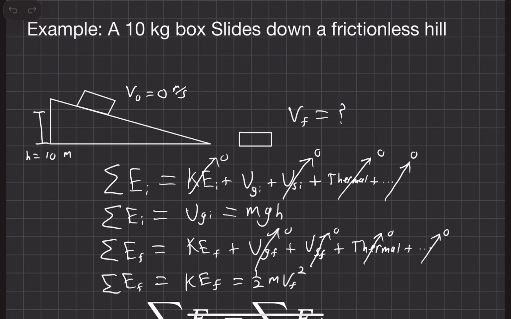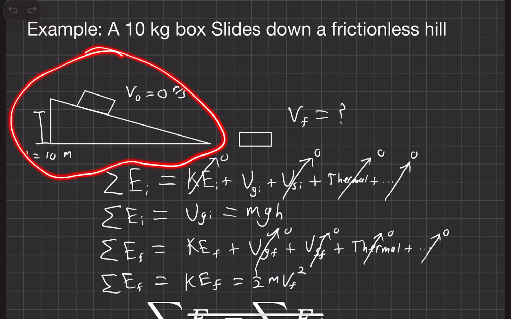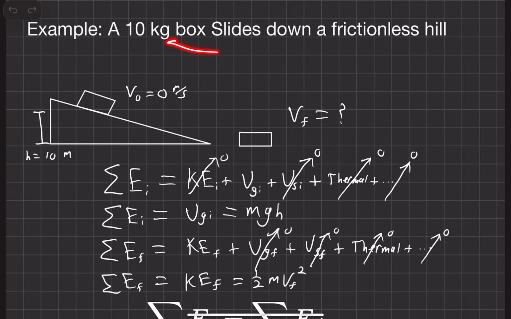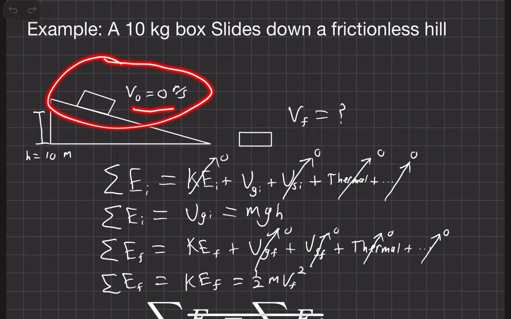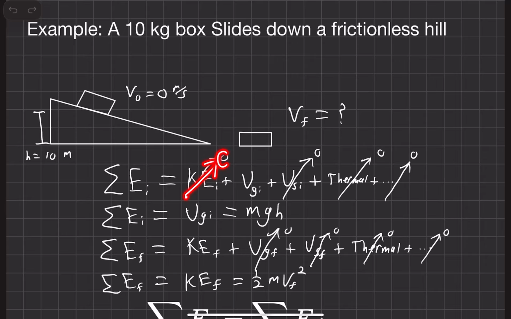The only source of energy that I can see from this situation starting out, assuming, which the problem didn't state, that the box starts at rest, meaning a 0 initial velocity, is that the initial kinetic energy is 0. There are no springs involved, so that's 0. There's no other source of energy that I can tell. It's not self-propelling with some kind of internal combustion engine. Thermal energy, nope. Everything else is essentially 0.